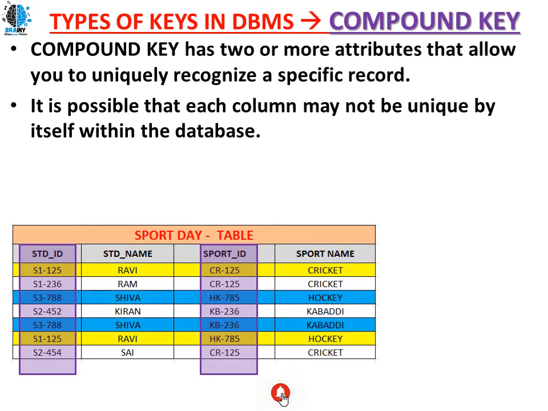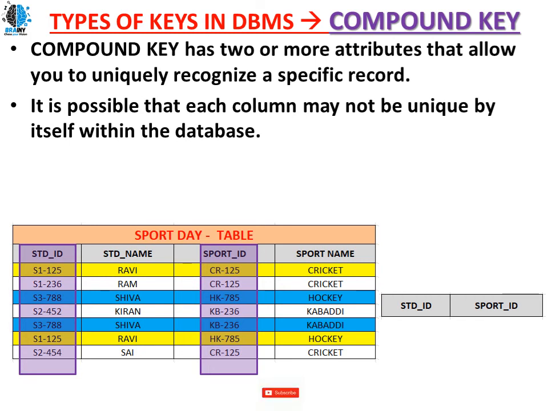Now they are foreign keys here, so that the relationship between two different tables, that is the student table and the sports table, can exist here in the sports day table. So I'm going to have student id and sport id.